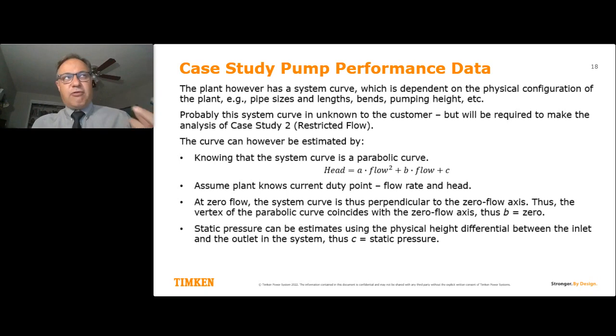Again, we want to try and find something that a customer can practically use in his plant. So he can take a measurement from the inlet and outlet and calculate exactly what the static pressure is. Now, from this and the duty point, which I can easily measure, I can get this formula and know what the system curve is. And that's what we'll use.